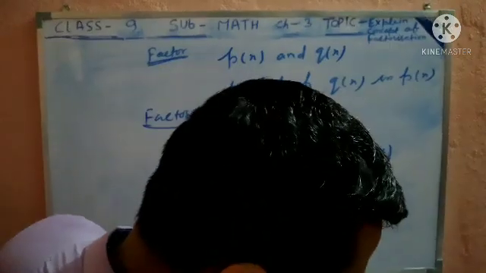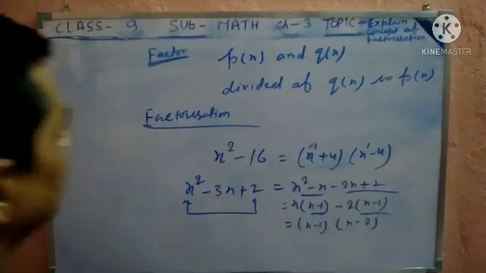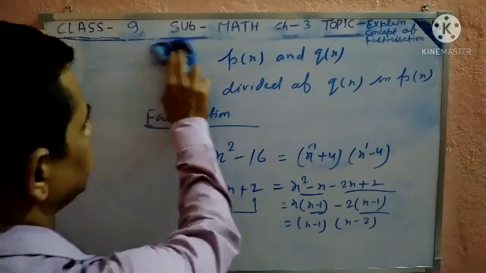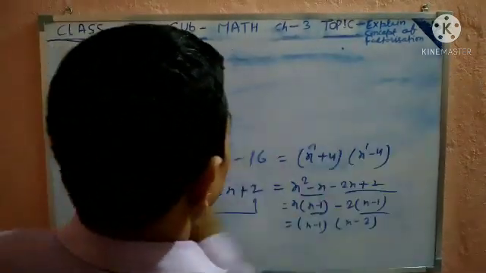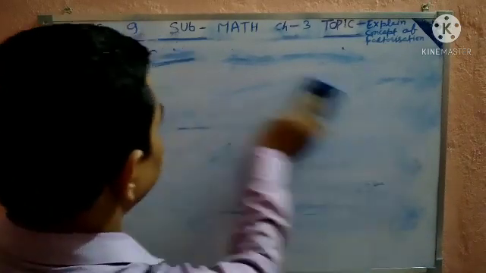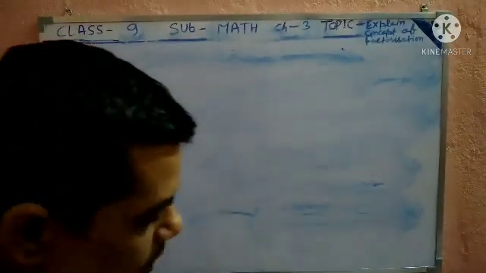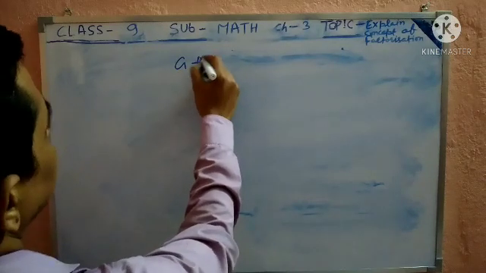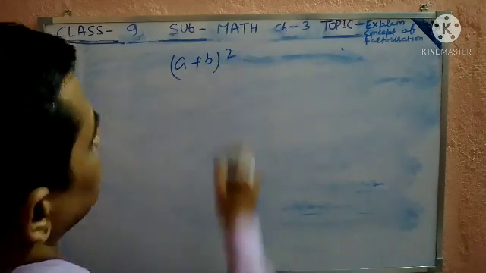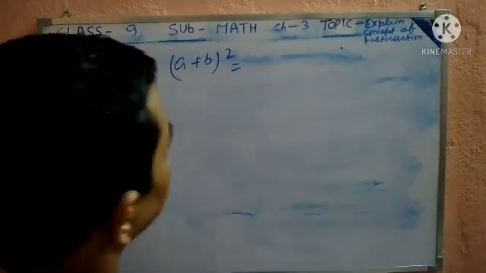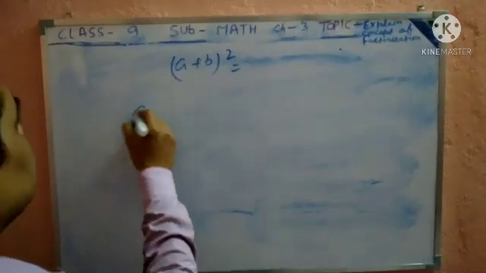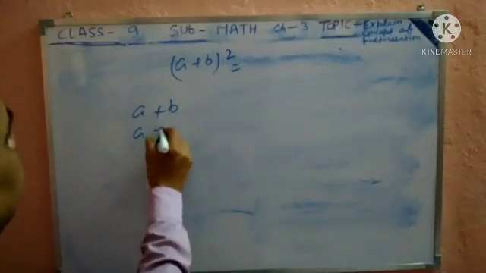I discuss some formulas used in this chapter. First take a plus b whole square, which was also discussed in previous classes. It means a plus b times a plus b.